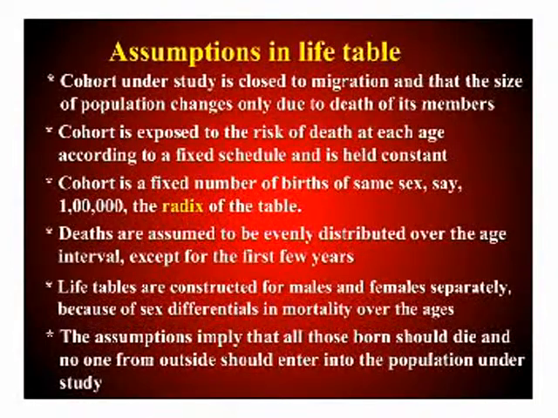Fourth assumption is the number of deaths are assumed to be evenly distributed over the age interval except for the first few years. Fifth assumption is life tables are generally constructed for males and females separately, since mortality rate for both sexes over the ages vary.